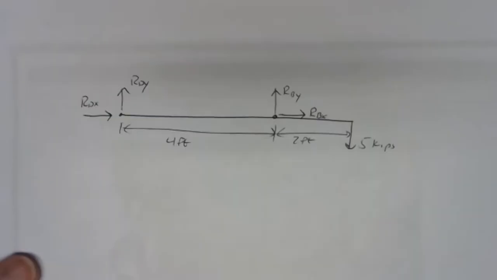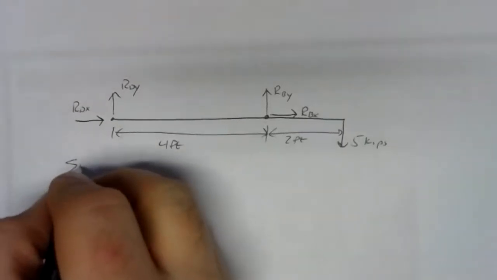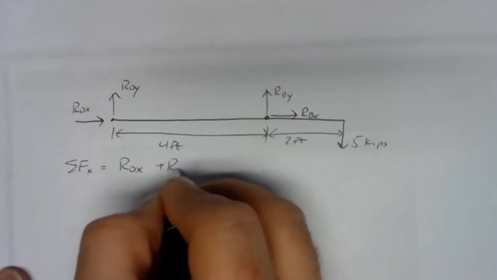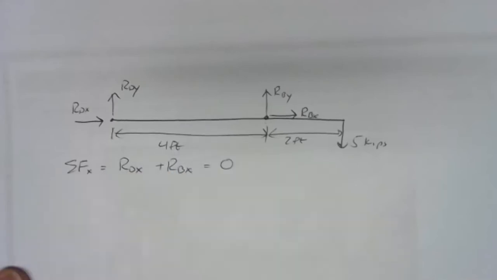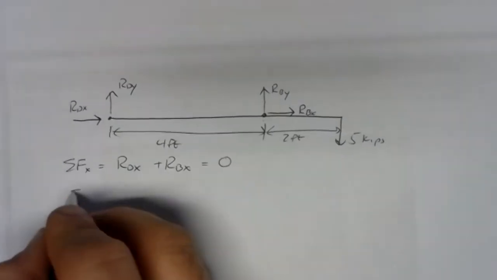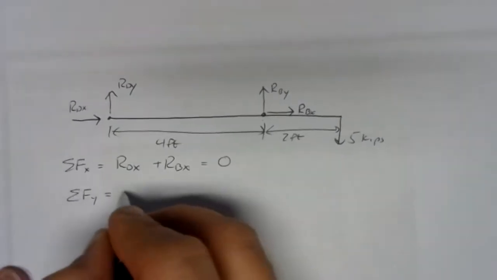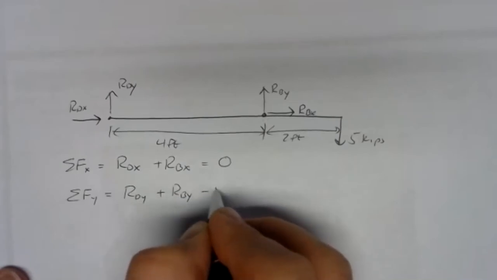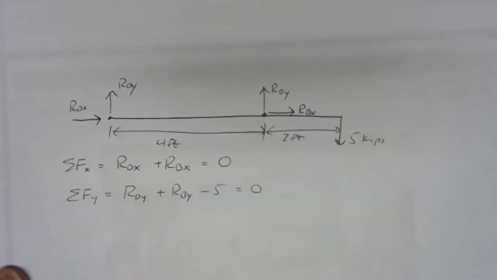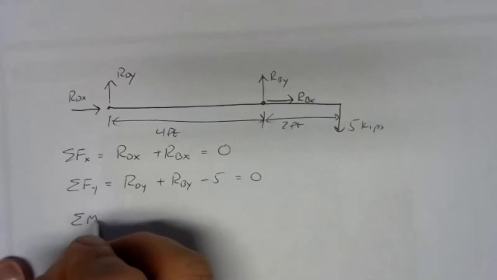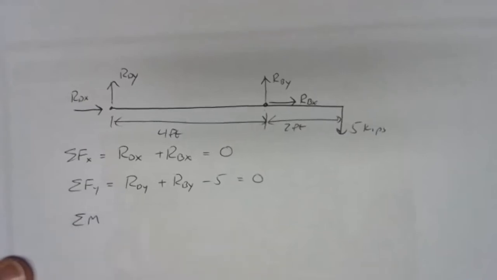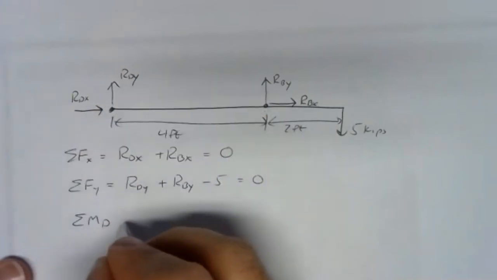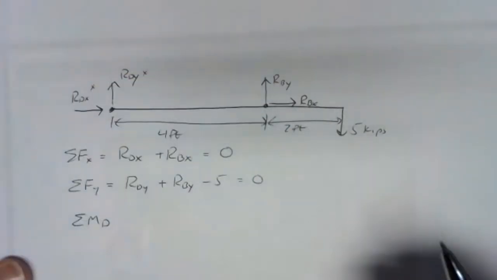So let's do our equations of equilibrium for that one. Sum of forces in the x direction, we've got RDX plus RBX equals 0. In the y direction, we've got RDY plus RBY minus 5 equals 0. And sum of moments, we'll have to pick a pivot point, and I'll just go ahead and pick D again for that. That'll knock out RDX and RDY.